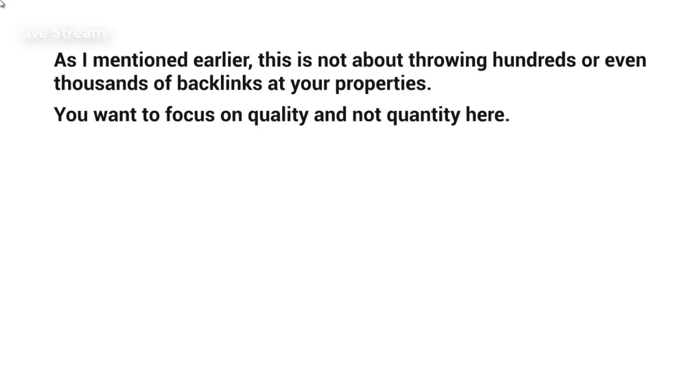So what we're trying to do here is think of a strategy that works long term. You want to focus on quality and not quantity. It's better to get a few backlinks that are of quality rather than getting thousands of backlinks that don't even relate to your content.